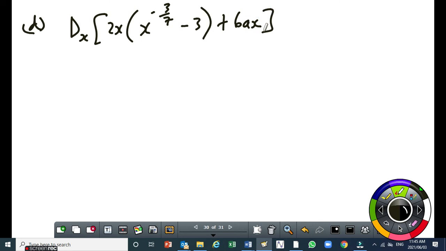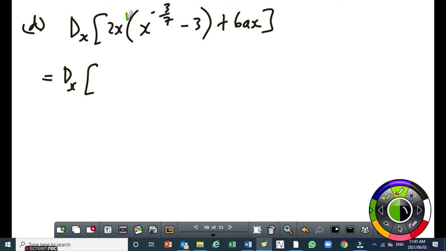Right? So first things, before you do anything, remove the bracket, the circular bracket. So it will be d of x of, if I multiply here, I need to be aware that the exponent of this x is a what? It's a 1. Can you pay attention? So 1 plus minus 3 over 7.